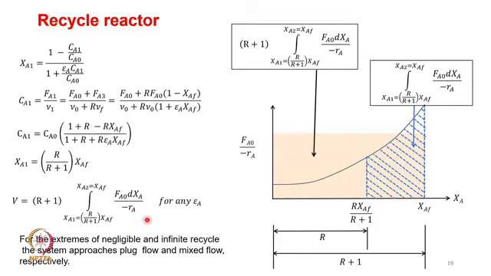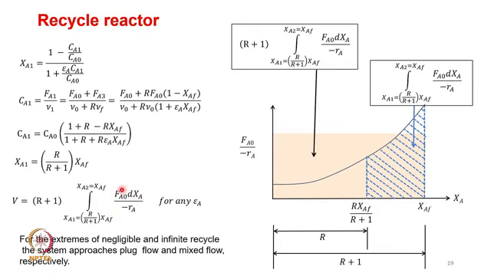So, this is also helpful in finding out the volume if you have a recycle reactor, but it is not a clean expression. The way we could calculate it, if we have Fa naught into dXA by Ra as an area available, this would be an area under the curve, and you multiply that with R plus 1. So, if you plot here, the integration is from R by R plus 1 times XAF to XAF.